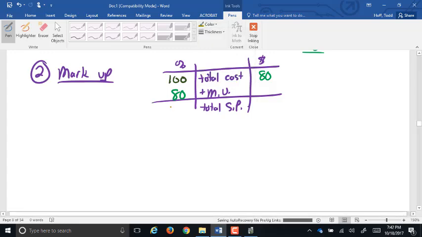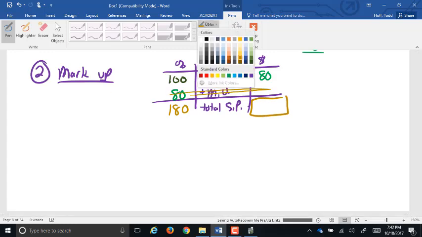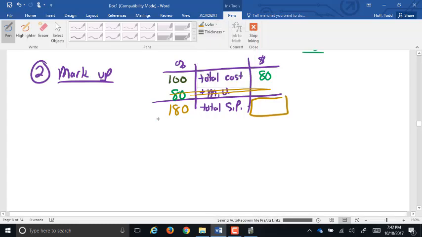So that means on bottom is going to be 180. We need to find the total selling price. So we are going to do 180 times 80 divided by 100, $144 is the total required selling price.